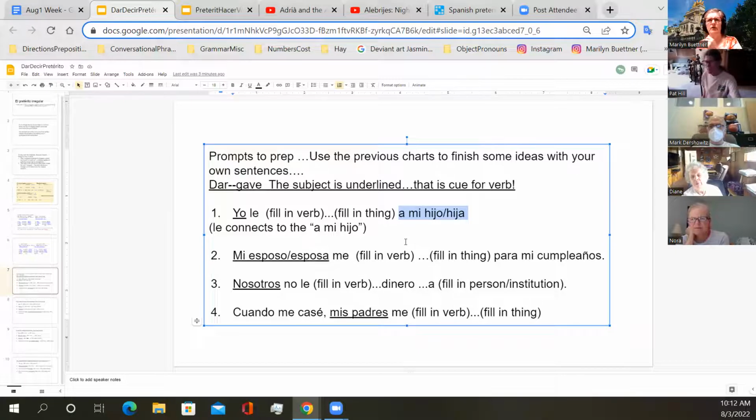Who is the him or the her? And specifically, who is that person at all? I mean, if I'm thinking about it without your prompt there, I would have just said, yo di una carta, okay, a mi hijo. So here is what happens.